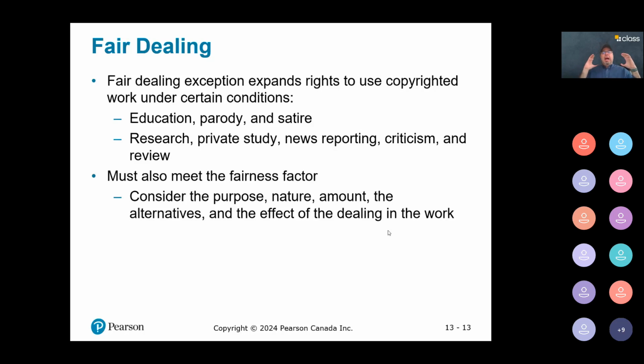The idea is that the question you would make yourself is, what I'm doing, is it preventing others from purchasing, from buying? Is it preventing the holder, the owner of the copy, from benefiting financially from their creation? So if the answer is no, okay, it should be fair dealing.